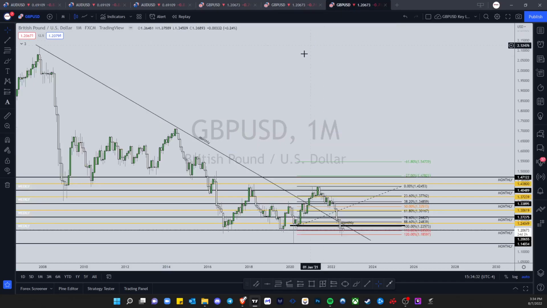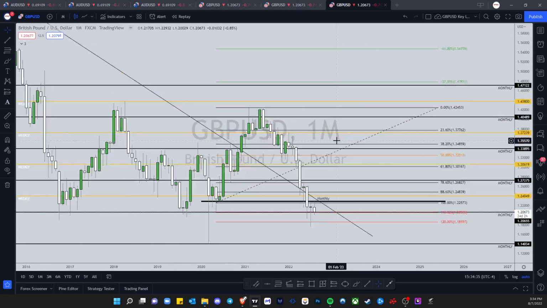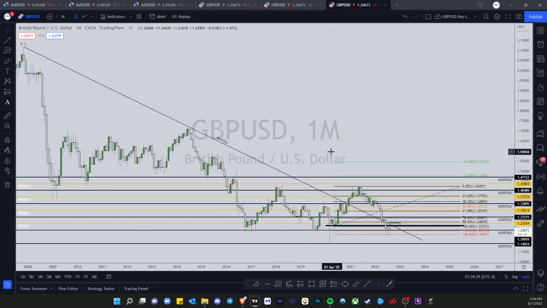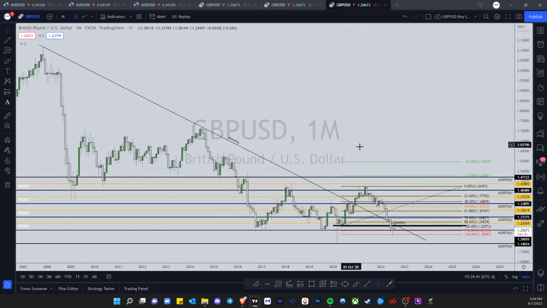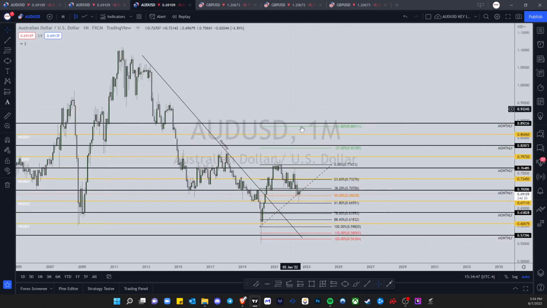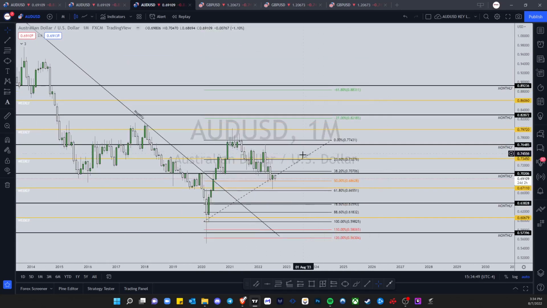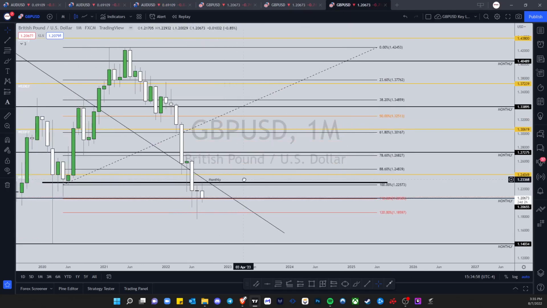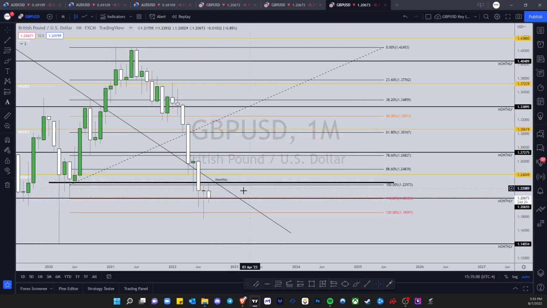All right, so we're gonna go GU now. GU is kind of interesting, right? GU is almost kind of like AU in a sense, because on a monthly time frame it's looking at the same thing, right? Instead of 38.2% or close to 50%, in between those two, it's a little bit below 100% retrace, right?